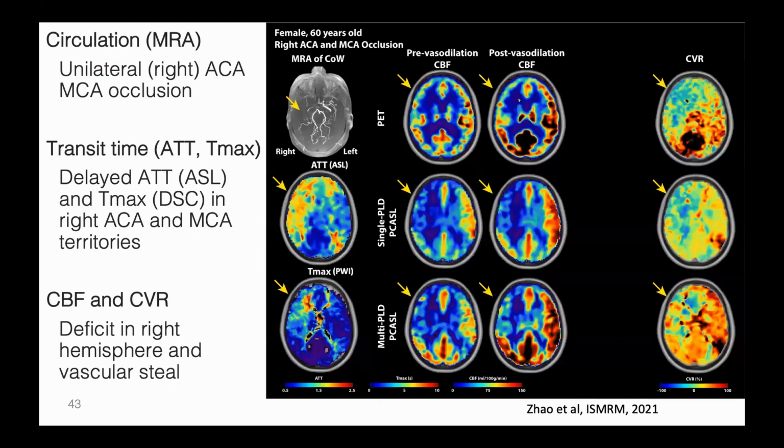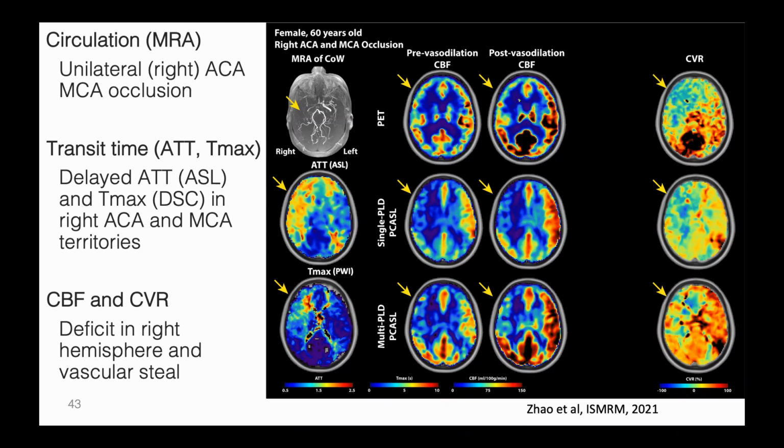And our preliminary data showed a high consistency between PET and ASL results. For example, here we are looking at a 60-year-old female patient who had occlusion in her right ACA and MCA, which we can see in the MRI angiography of the circle of Willis. Now, in stroke imaging, transit time is an extremely important biomarker to make diagnosis.